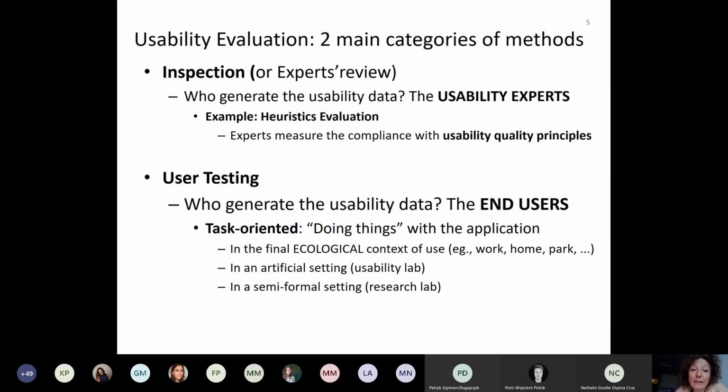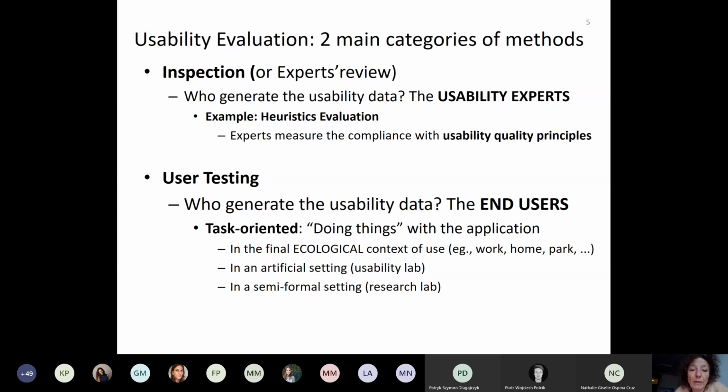In the case of inspection, there are usability experts who inspect the application and derive from their own perception what the usability scores are for that application, and that is typically done using some heuristics.